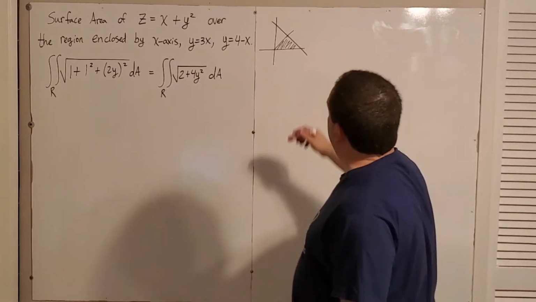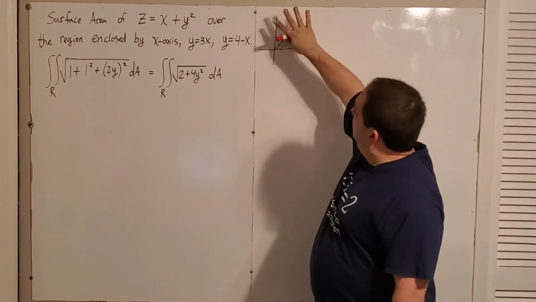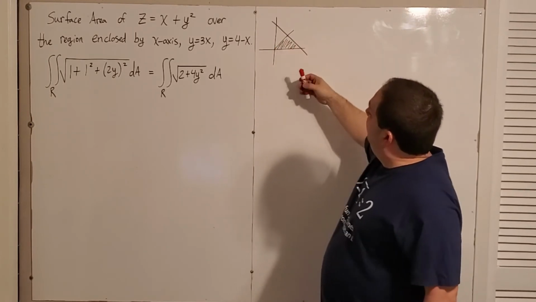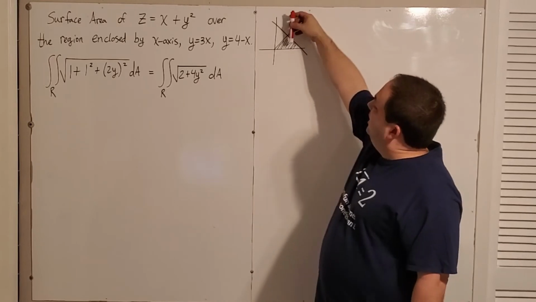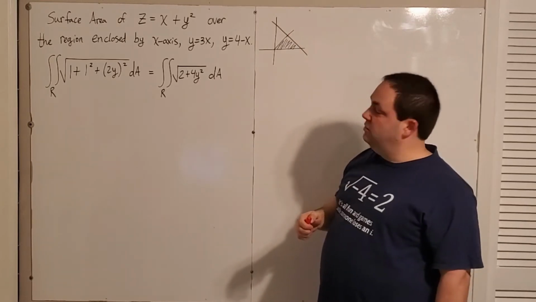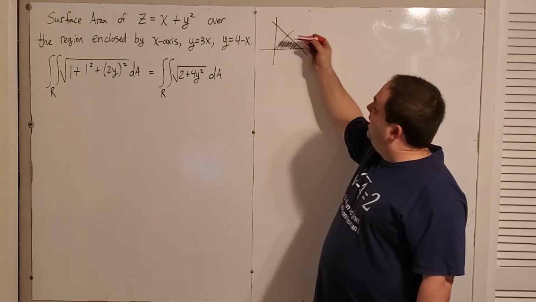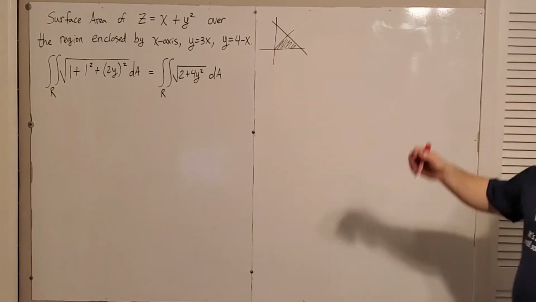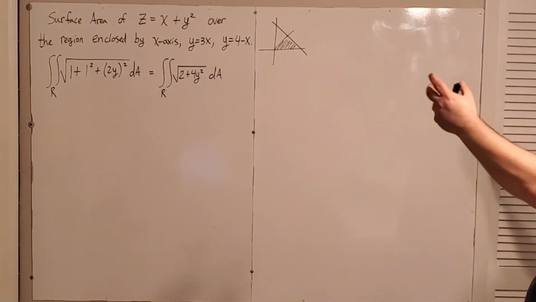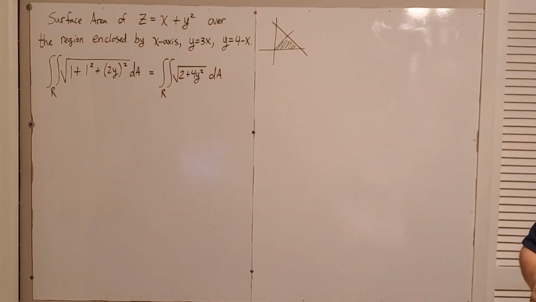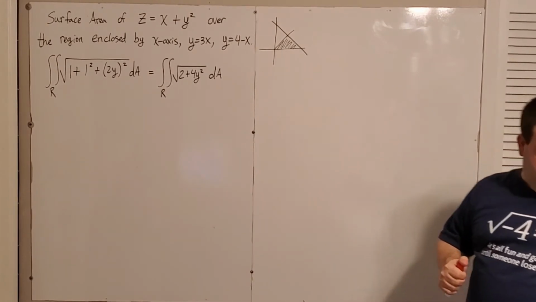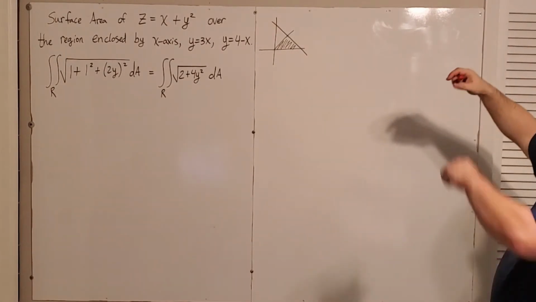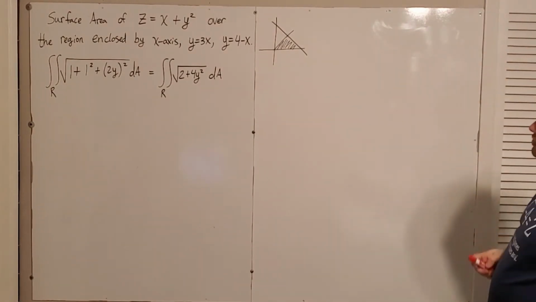I'm going to be integrating with this surface over this thing right here, right? And I'm going to want to go this way. If I go this way, right, I'll actually have to separate it into two integrals. So instead, I'm going to have my rectangles going this way, right? I'm going to let y be the thing that travels between the two curves. Y is going to be the thing that actually bridges it here.